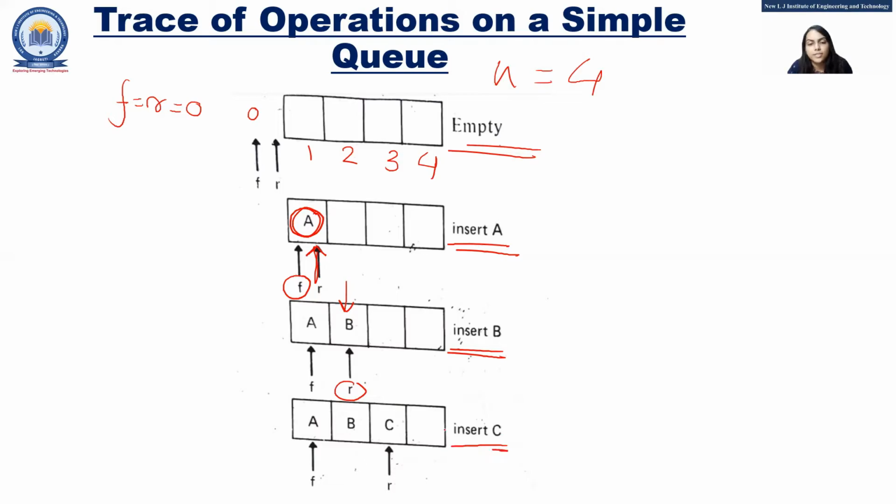Again, insert C. Rear is incremented by 1 and C is placed there. Front is not changed because no delete operation has taken place. So this is how we insert elements.